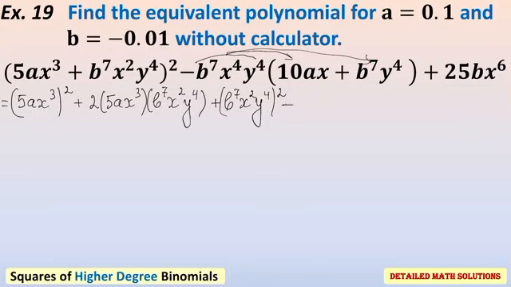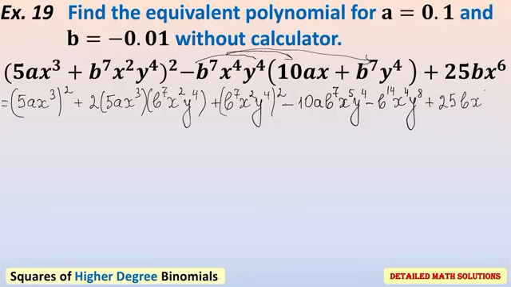This equals negative 10 a b to the 7th power x to the 5th power y to the 4th power minus b to the 14th power x to the 4th power y to the 8th power. And I simply need to rewrite the last term, 25b x to the 6th power.